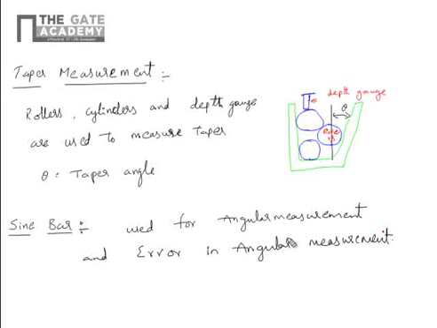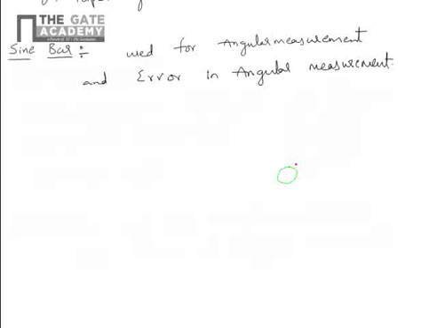Why the sine bar is important, we will discuss with a small example. The sine bar is a surface. These are slip gauges.